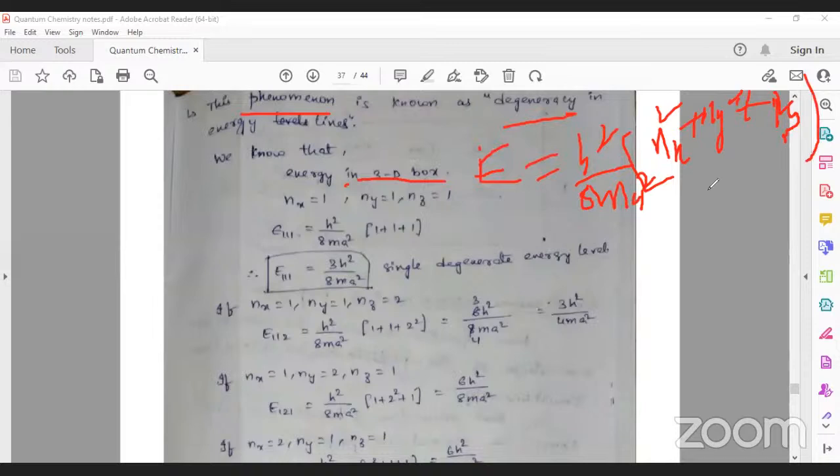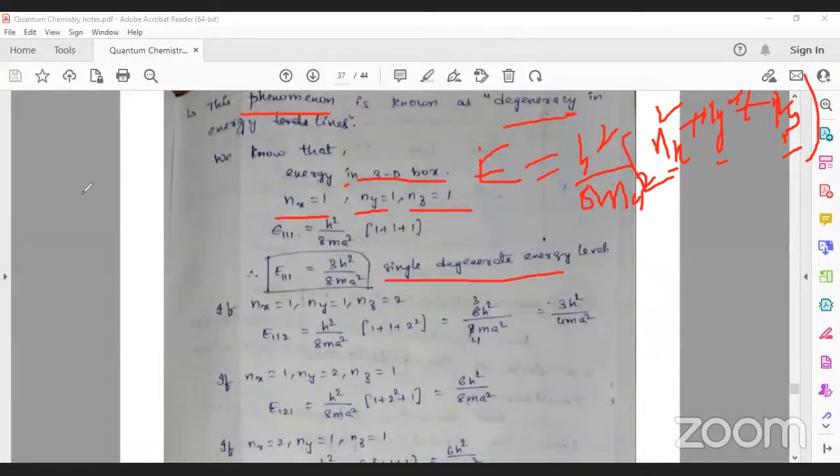For example, nx is equal to 1, ny is equal to 1, nz is equal to 1. That means 1 square plus 1 square plus 1 square, that becomes 1 plus 1 plus 1, that is 3. E111 is equal to 3h square by 8ma square. This is a singly degenerate energy level, right?